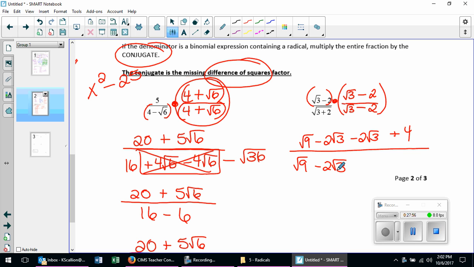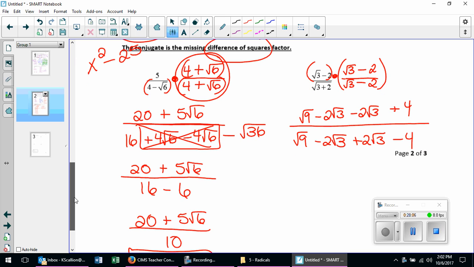The difference here is now I've got a plus: plus 2 root 3 minus 4. Do we see some differences? Hopefully, or am I just making stuff up?